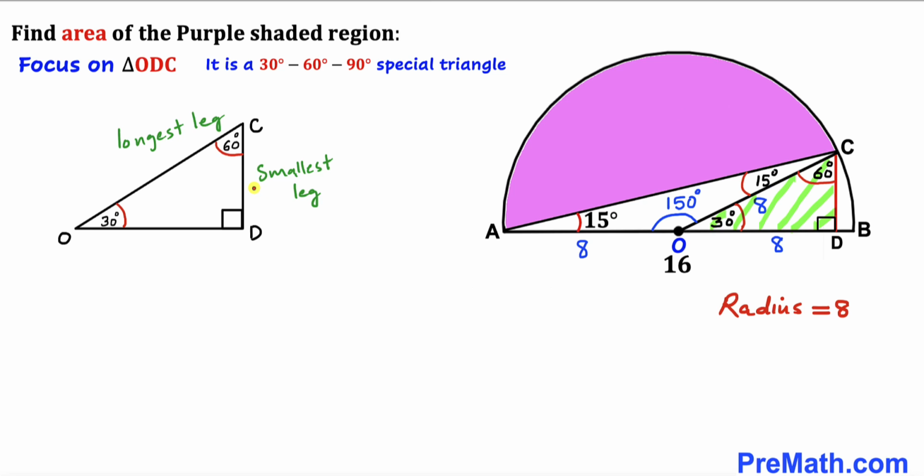In other words, if the smallest leg is 1 unit, then the longest leg is going to be 2 units. Now we can see our longest leg is 8 units. That means this OC length is 8. So our smallest leg is going to be 4 units. Therefore, this CD length turns out to be 4 units.